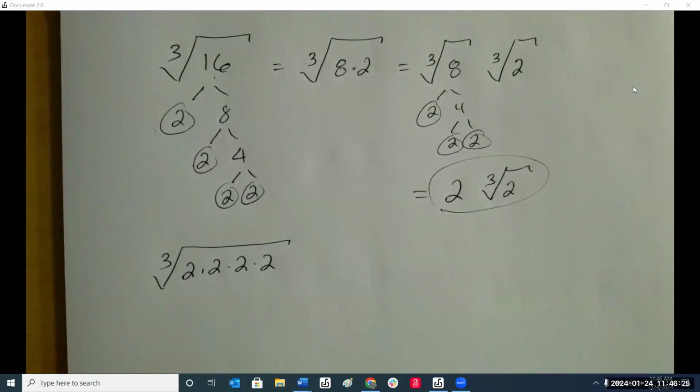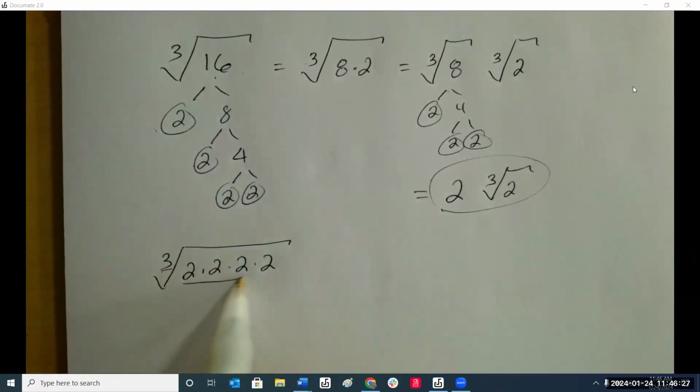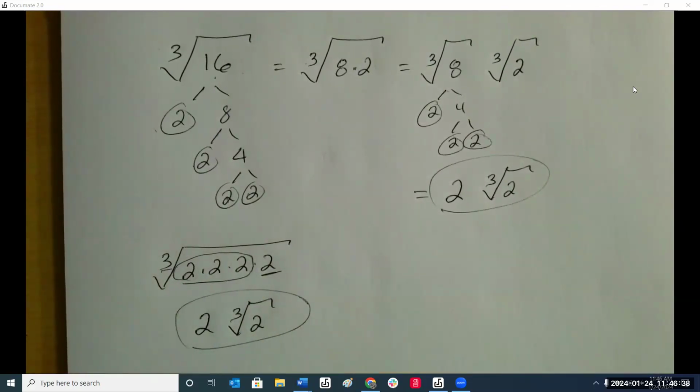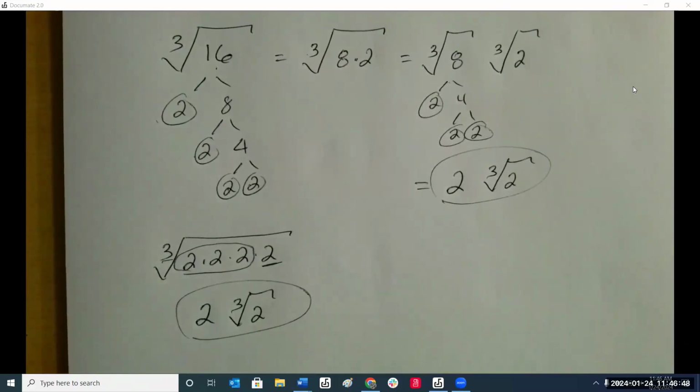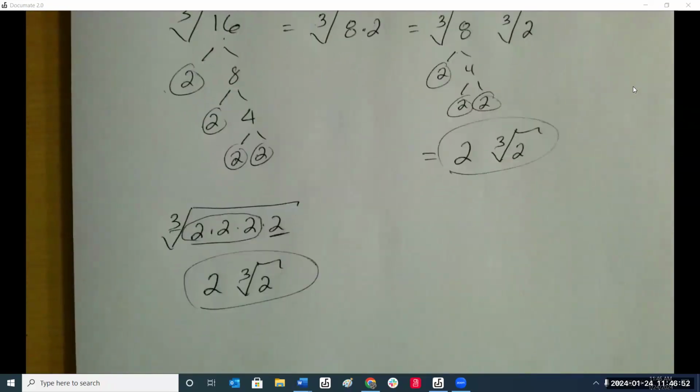We need how many of a kind? Once we see 3 of a kind, it comes out in front. Anything left remains in there. That is really what's happening. Now, so far so good, which helps us now define the domains and ranges of our functions.